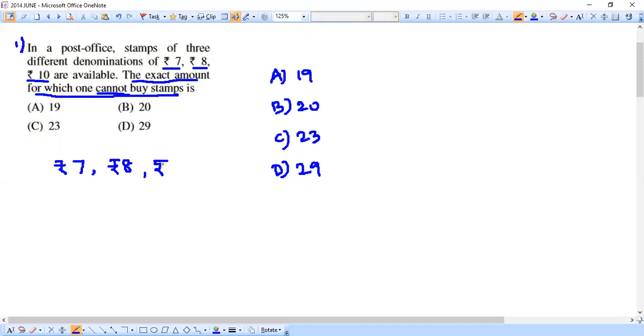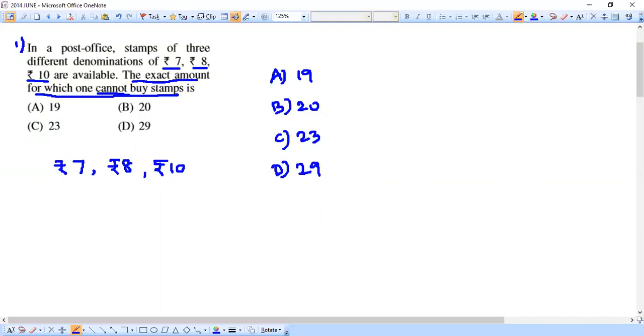Also, we can buy any number of stamps from each of these denominations. That is up to our choice. But the only thing we have to find is for which exact amount we will not be able to buy the stamps. What amount is that? That is what we have to find.